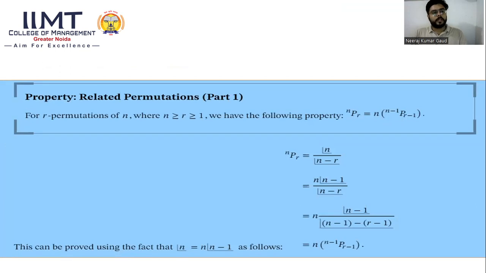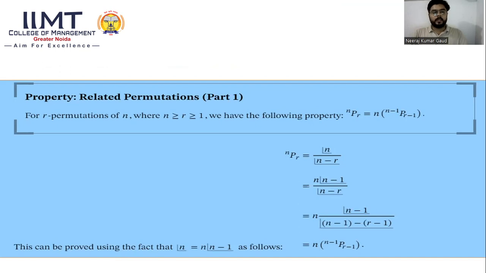Properties related to permutation. For r-permutation of n, where n is greater than or equal to r, which is greater than or equal to 1, we have the following property: nPr equals n × (n−1)P(r−1). As we know, nPr is n factorial upon (n−r) factorial.